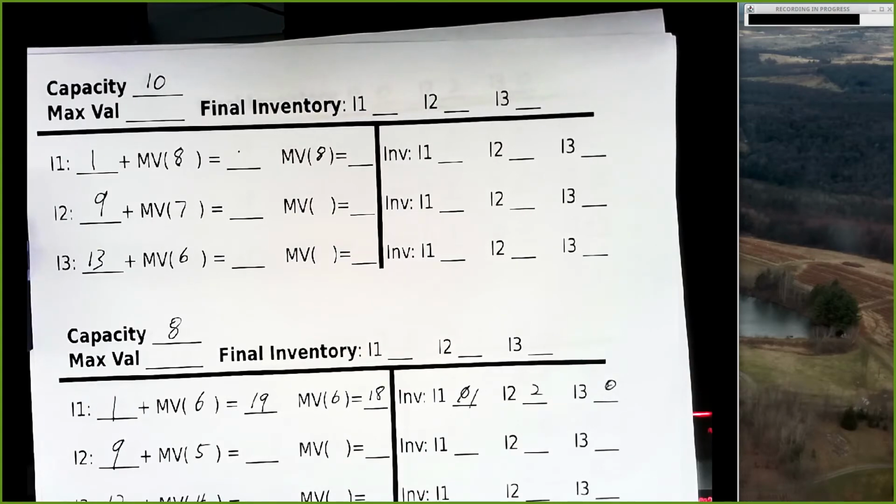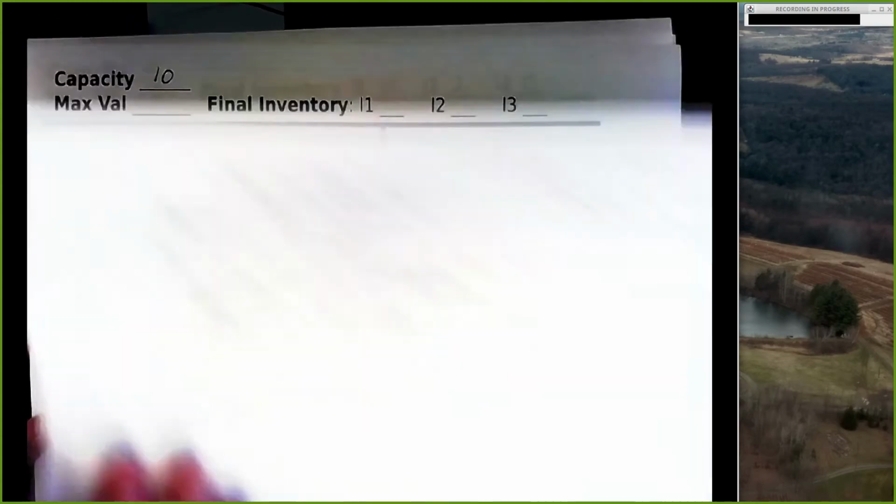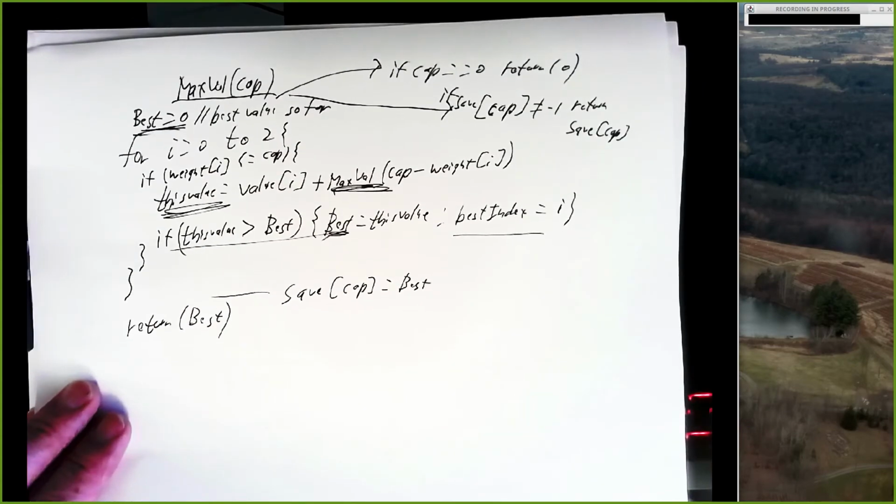All right. Yeah, so I could see if we've already cached that specific index or that specific capacity, we'll have to somehow call a way to increment the inventory, right? Right. Yeah, so as you go through this loop, you're going to keep track of what the best inventory is.